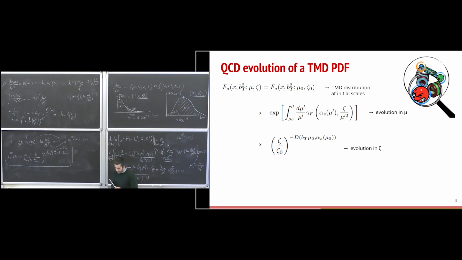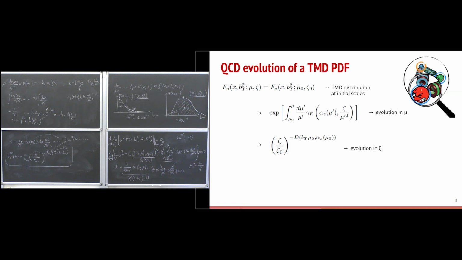So this function, what does this function tell you? The Q dependence is in here. The original question was to understand whether b_T saddle point, the peak of the function in b_T space, is in the small b region or in the large b region.